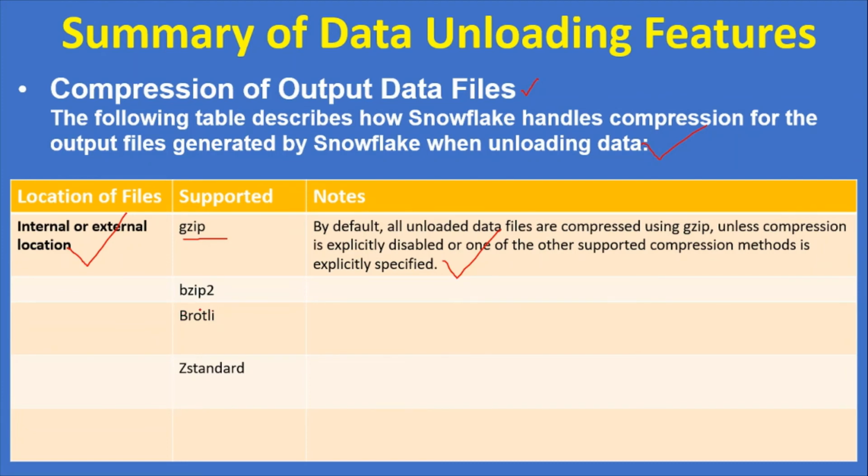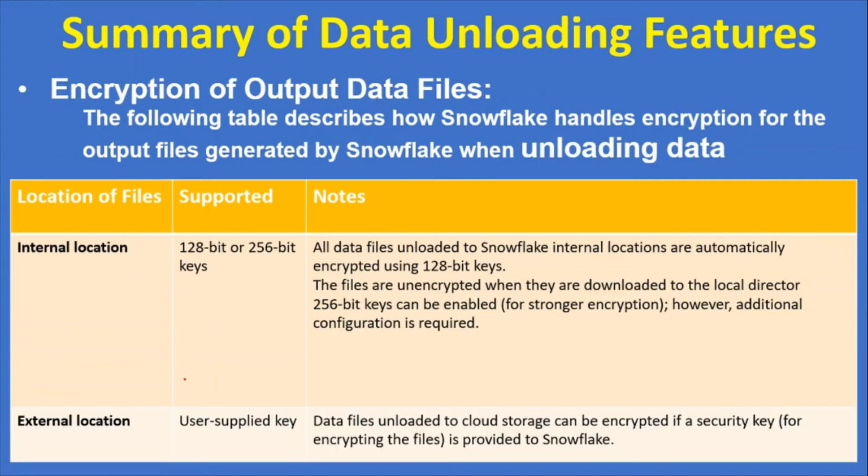I am just showing what other compression techniques are supported in Snowflake. So bzip2, brotli, even I don't know how to pronounce them, because I never used those. I used only gzip. And Zstandard.